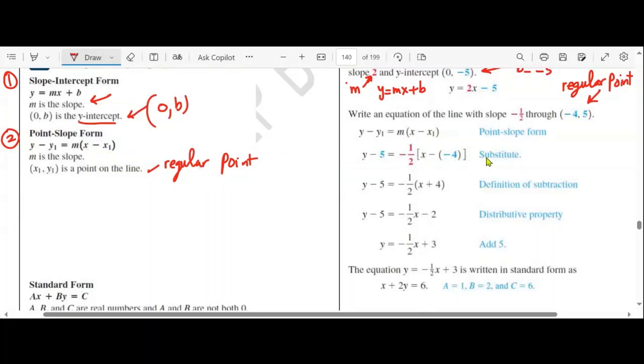And then you substitute the values. You put the m here, and you have the point, this is x1, y1, and substitute this, multiply, and at the end you get the equation. Is this clear? Any questions?